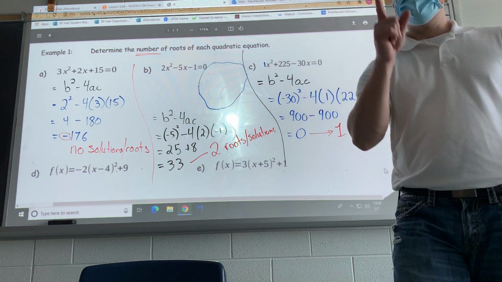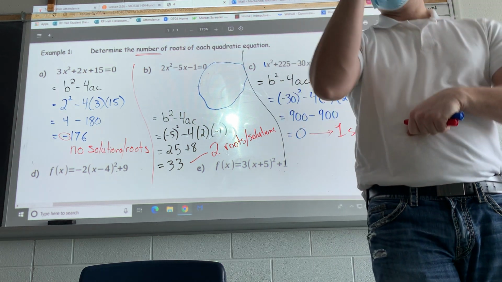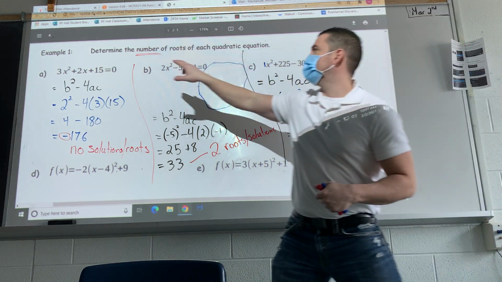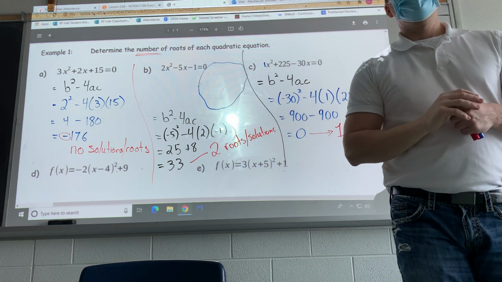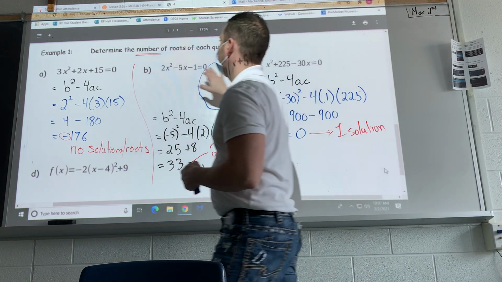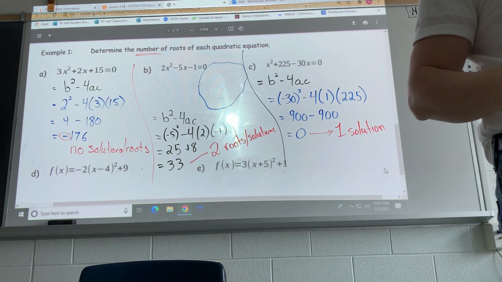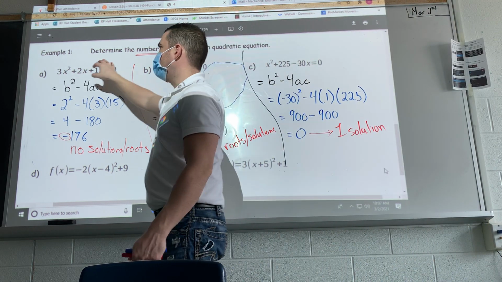The format? Okay, be more specific, you're right. What form is this in? You guys remember? Bella? Standard form, okay? So these first ones are standard form.